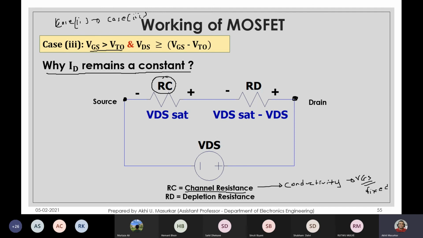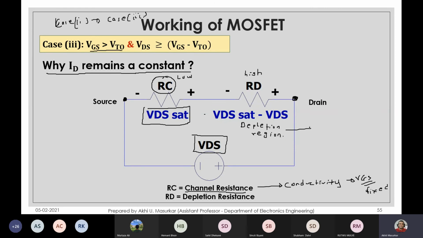So here the conductivity of the channel remains the same, and the excess voltage, that is VDS minus VDS sat, appears across the depletion region. This is generally low and this is generally high.